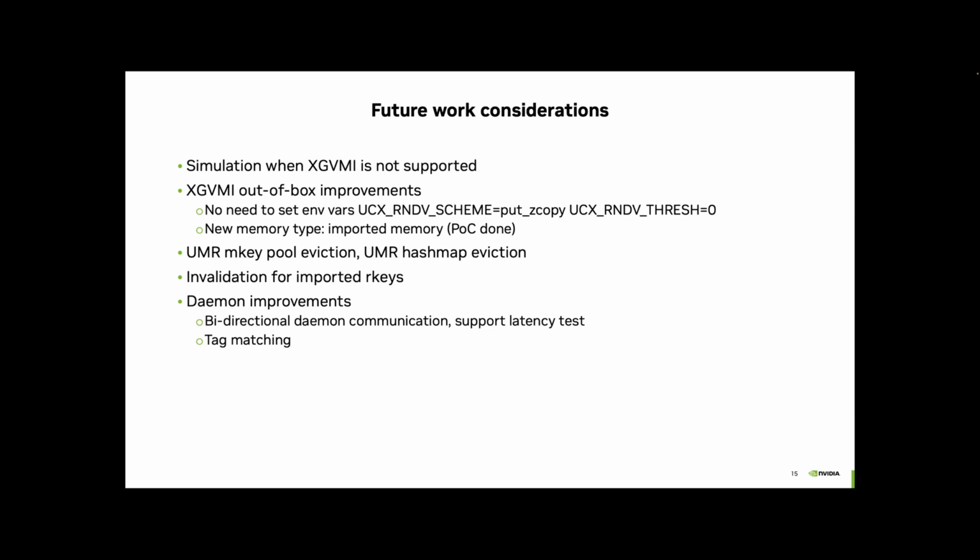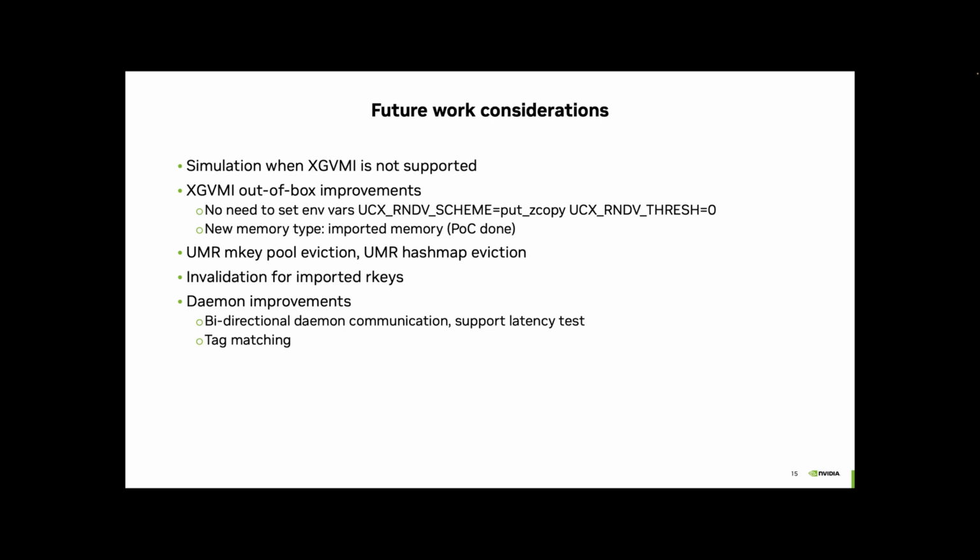It means that we don't need to enforce, for example, rendezvous protocol between the daemons, so that normally it should work automatically. We had different ideas how to achieve that. And one of the most promising approaches is to introduce a new memory type for imported memory. So currently there is a proof of concept that works, but yeah, currently this work is deprioritized.